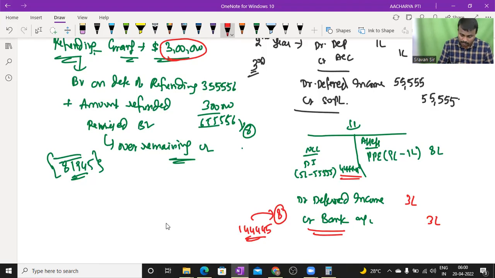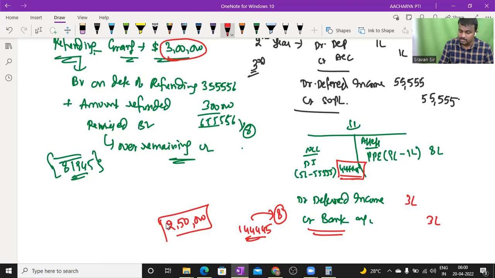Then, for example, just assume the deferred income balance is around 2 lakh 50,000, but the amount required to refund is 3 lakh. Then sufficient amount is not available in deferred income. In that case, the rest of the balance is taken from the profit and loss.